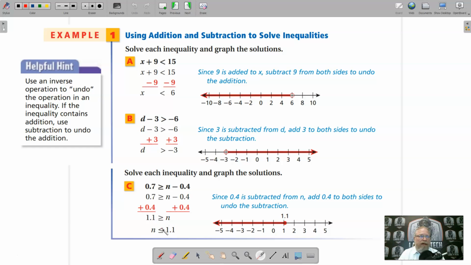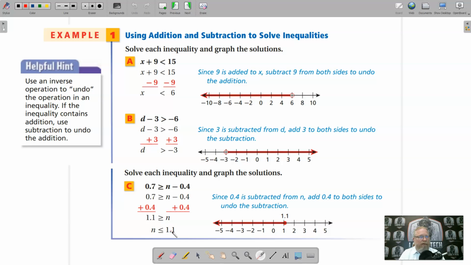It was pointing at n, and it's still pointing at n. So 1.1 is greater than or equal to n is the same thing as saying n is less than or equal to 1.1. So whenever it comes to graphing, good practice to get into is if your variable is on the right, flip the whole statement around so that it's on the left. Then you know which way to make your arrow for the graph.